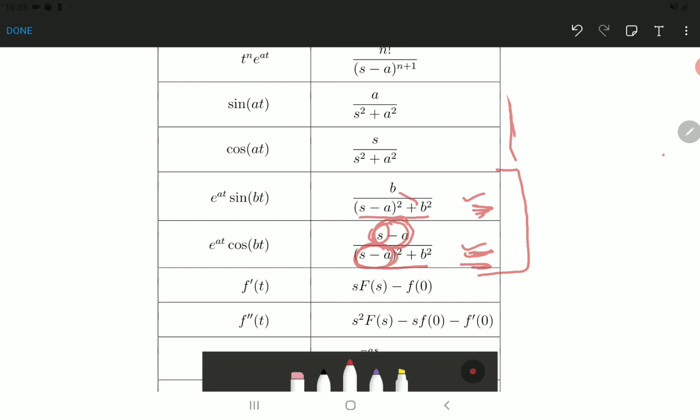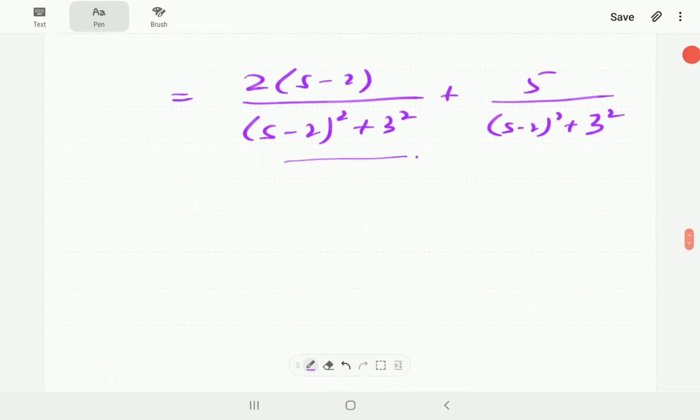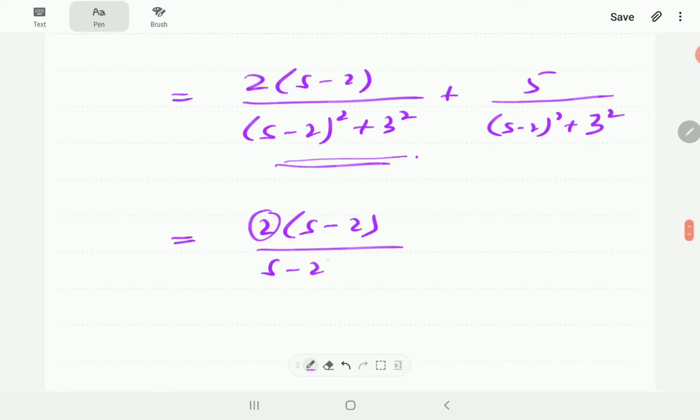Notice that this one has a b in the numerator. So if we go back here, this one is almost in the form that we need; the only thing is this 2, which we can always factor outside the inverse Laplace transform operator.